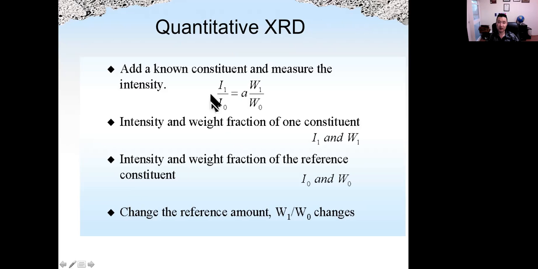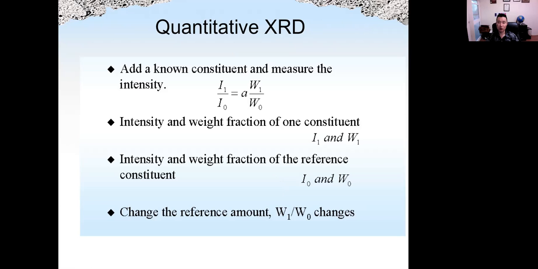Here is the equation we can use to do the quantitative XRD analysis. I1 and W1 are the intensity and the weight fraction of one constituent we want to study, and I0 and W0 are the intensity and the weight fraction of a reference constituent, which is the known material.